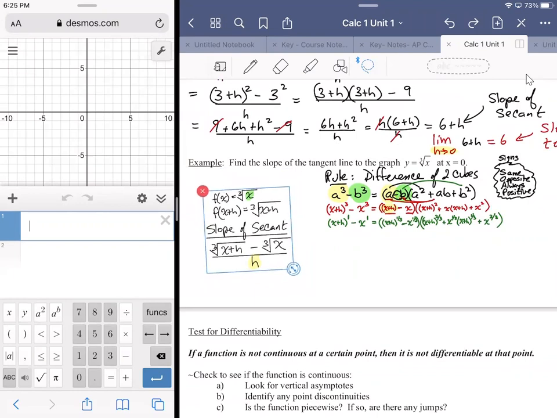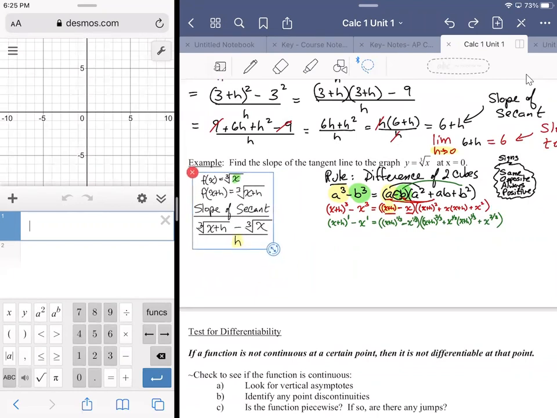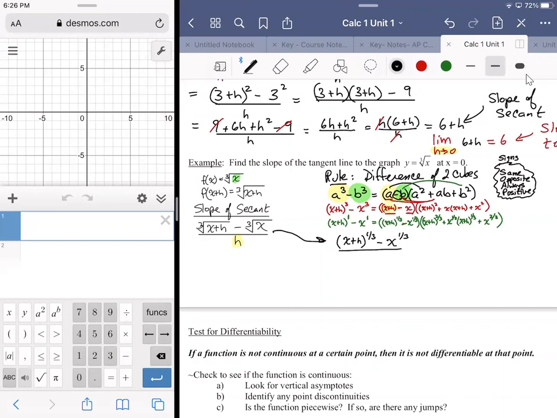Well, that kind of was the show, because I'm going to take my slope of the secant here. Actually, I'm going to even rewrite it. I'm just going to bring it over. We had the cube root of x plus h, which is really the same as saying x plus h to the 1/3. The cube root of x is the same as saying x to the 1/3. We still have that h there.